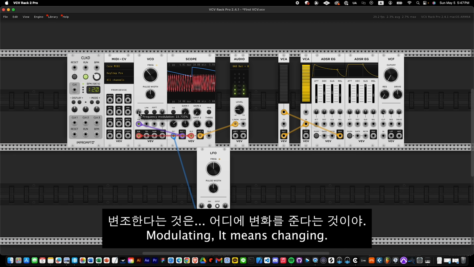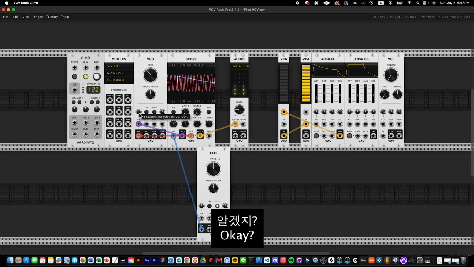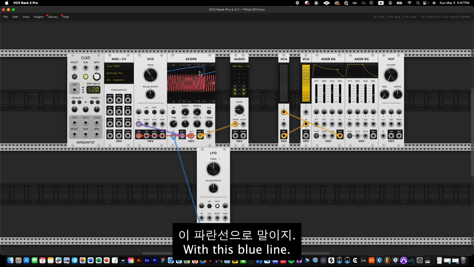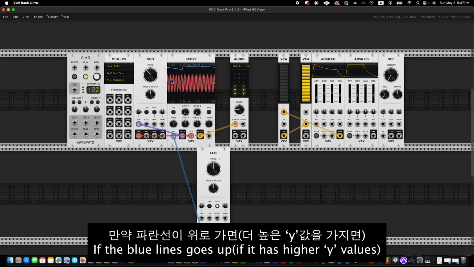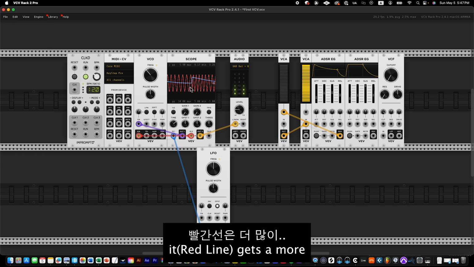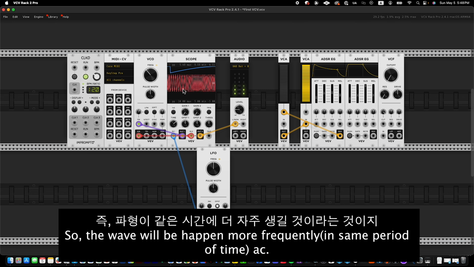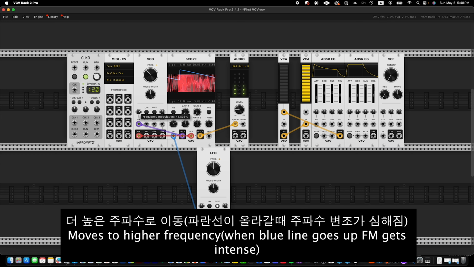Modulating means changing, giving a variation to the frequency with this blue line. If the blue line goes up, it gets more change, so the wave will happen more frequently.